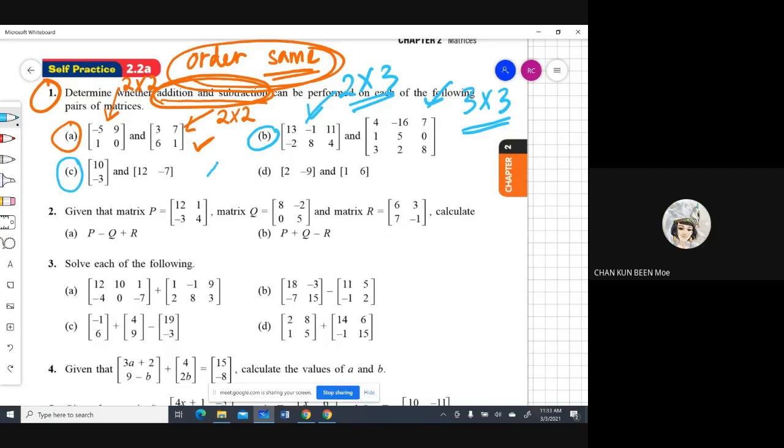Why do you think it's a no? Because one is 2 by 1, one is 1 by 2. Yeah, correct. Thank you very much. We read it as 1 by 2. This is 2 by 1. This is 1 by 2. Thank you, Irfan. Very good. When the order of the matrices is not the same, we cannot perform addition and subtraction.